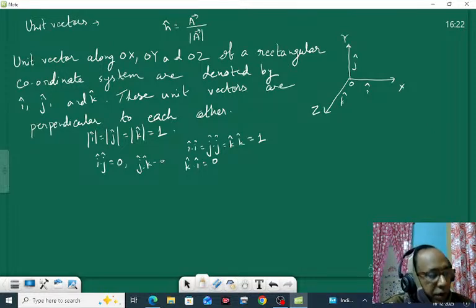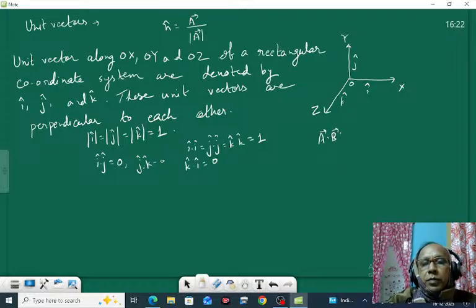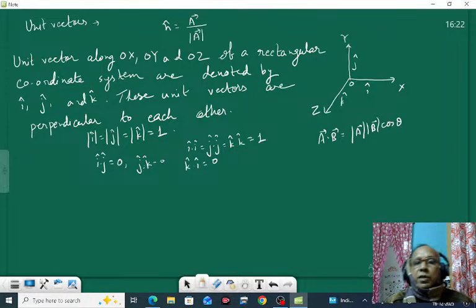You know that A vector dot B vector is modulus of A, modulus of B, and cos theta. If theta between them is 90 degrees, it is 0. So i dot j, j dot k, and k dot i are equal to 0.